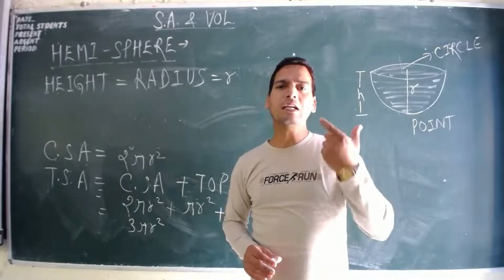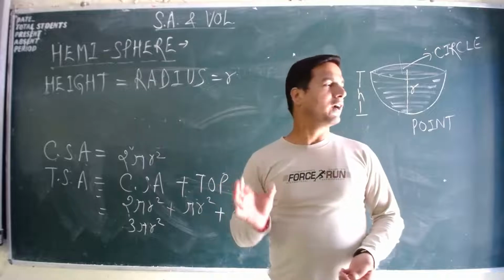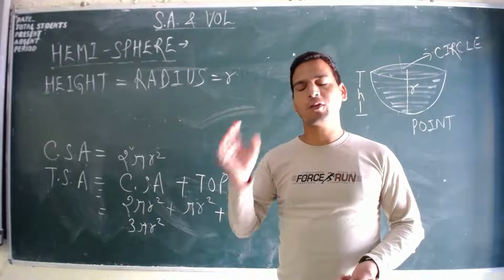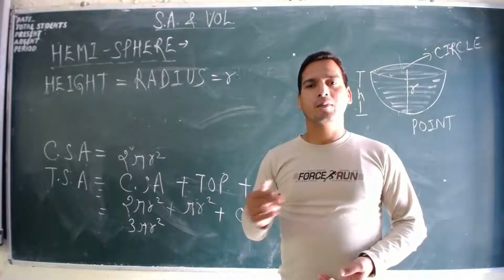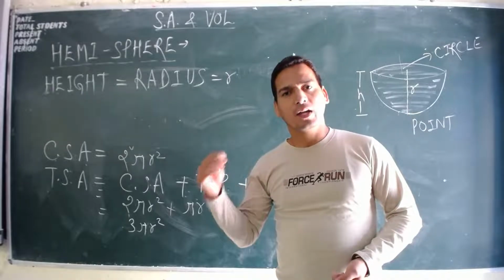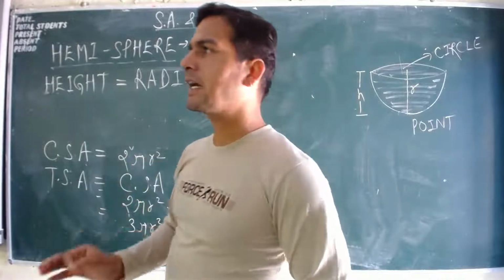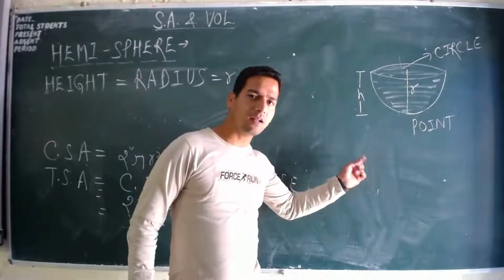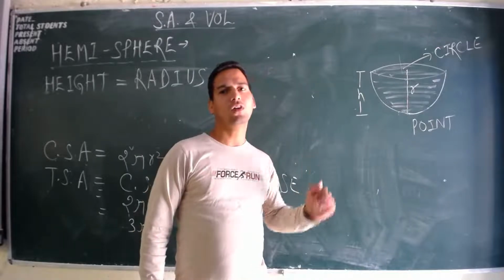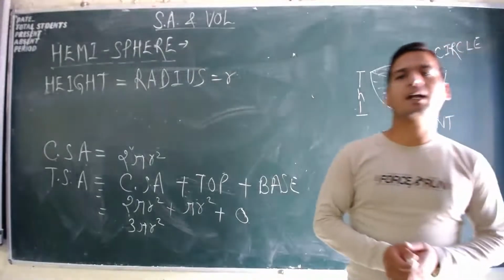So what is the easy way through which we can recognize what exactly will be the formula of area and what will be the formula of volume? Because there is confusion between the formulas of area and volume. So what are the ways through which we can easily recognize that this particular formula is of area and this particular formula is of volume, so that we do not commit any mistake.